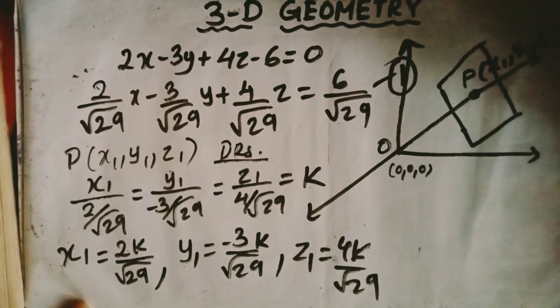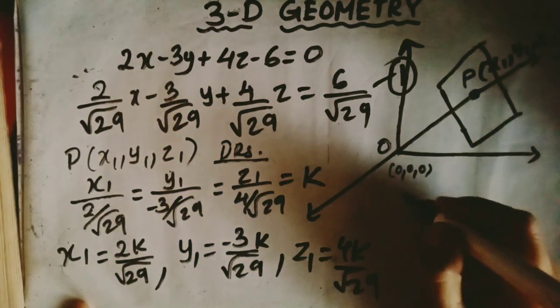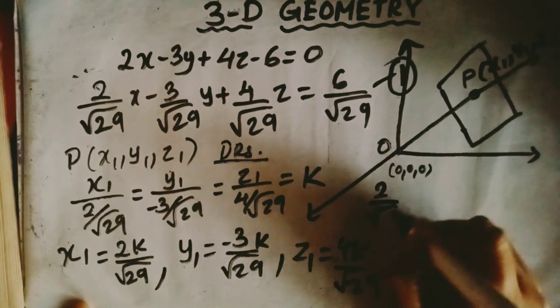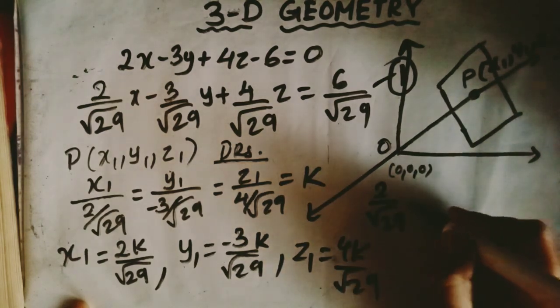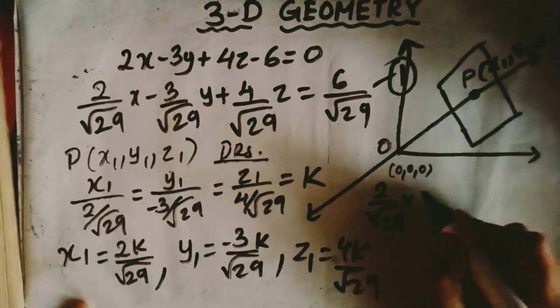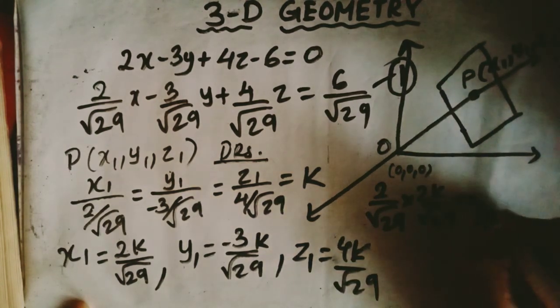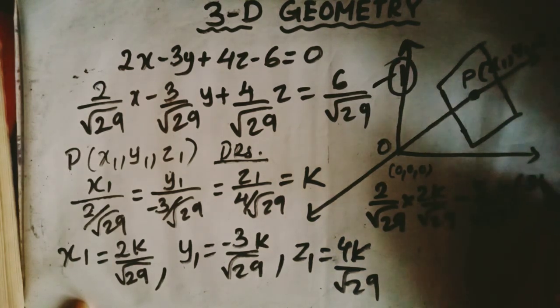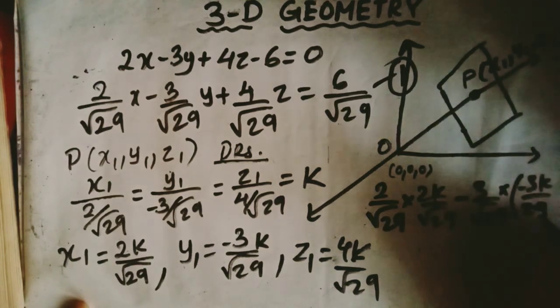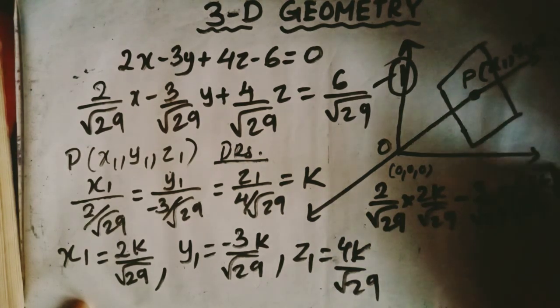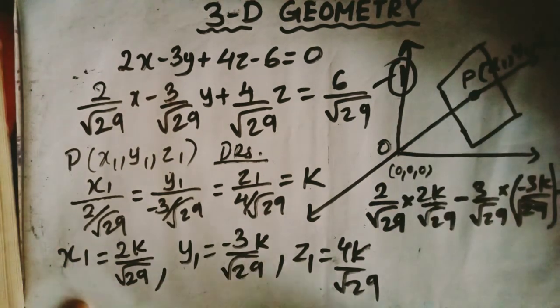So substituting in equation 1, you will get 2 upon root 29 into x1, 2k upon root 29, minus 3 upon root 29 into minus 3k upon root 29, plus 4 upon root 29 into 4k upon root 29 equal to 6 upon root 29.